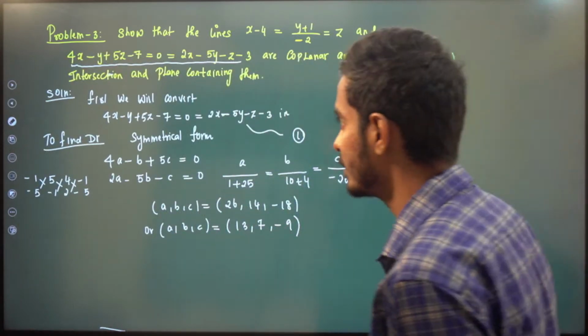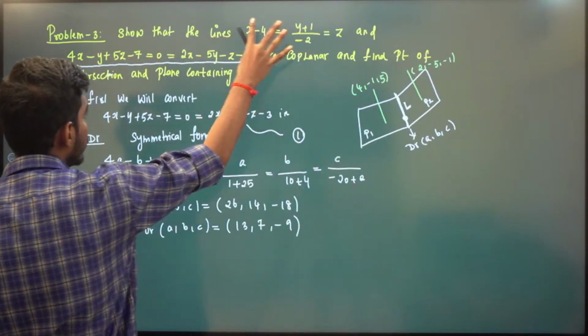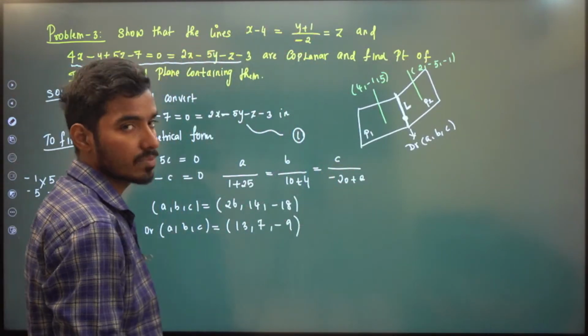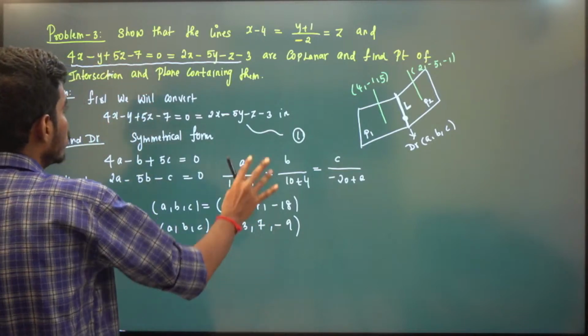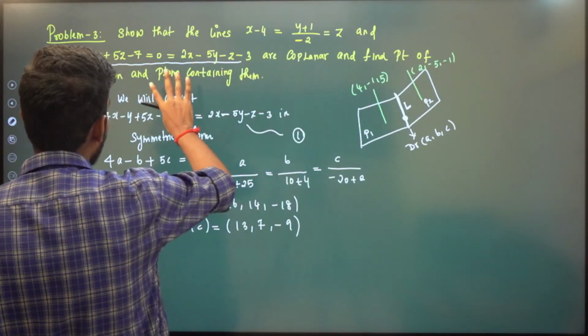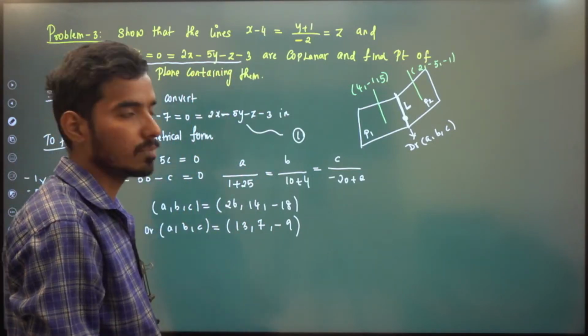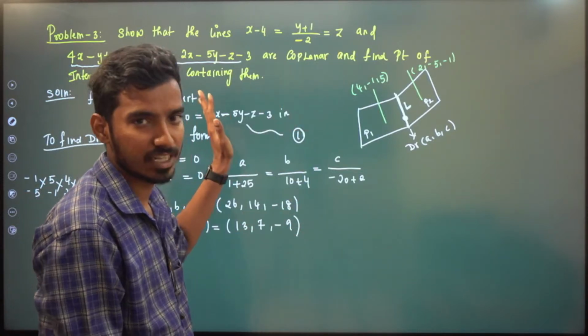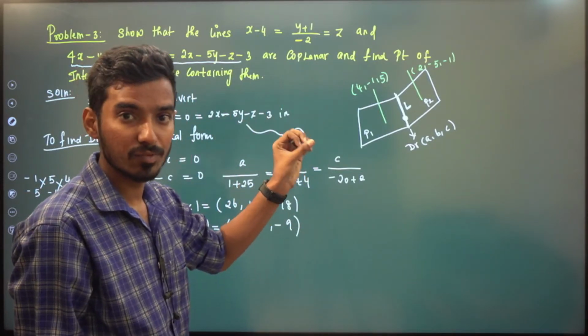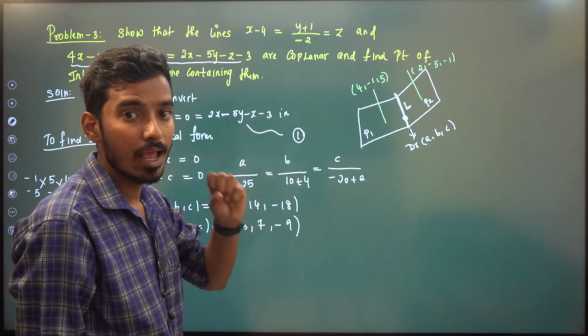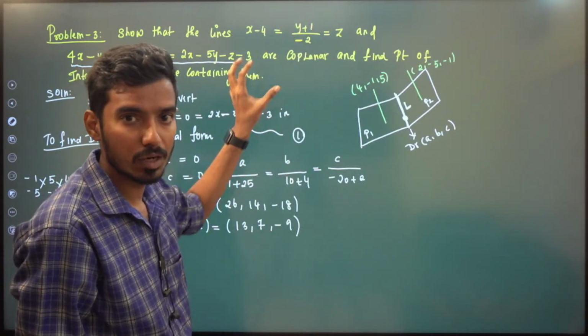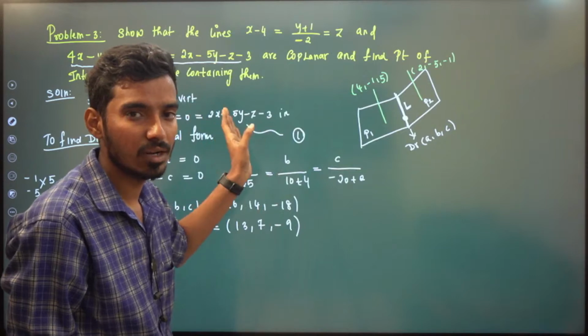But in the majority of cases, if they give one in symmetrical form and the other in general form, they will ask you to show they are coplanar and find the plane containing them. They will not ask you to find the point of intersection. If they ask you to find the point of intersection, and they give you one in symmetrical form and one in general form, you have to convert this general form to symmetrical form.